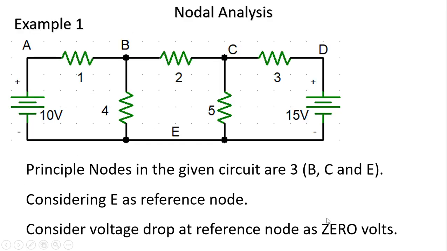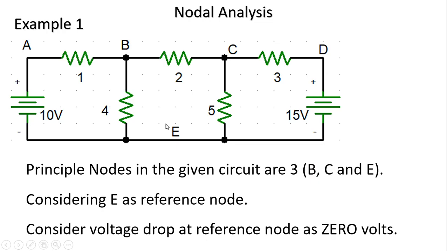Let us apply these two steps here in this example. A, B, C, D, E. Among these nodes, B, C, E are the principal nodes. The principal nodes in the given circuit are 3. They are B, C, E. Considering E as the reference node, let us consider the voltage drop at the reference node as 0 volts.